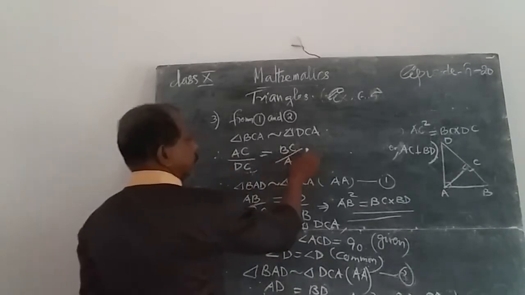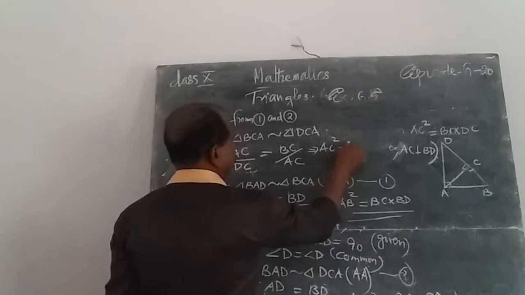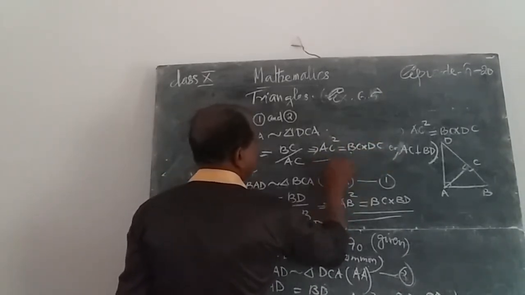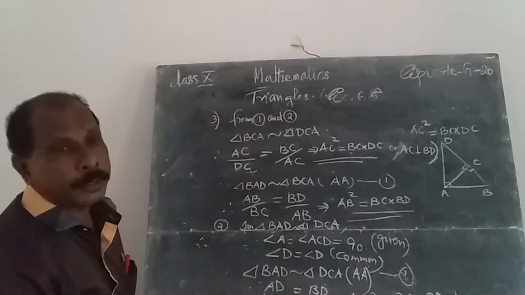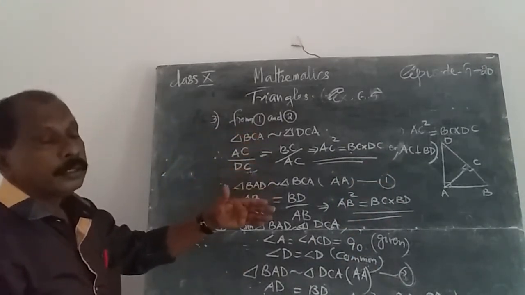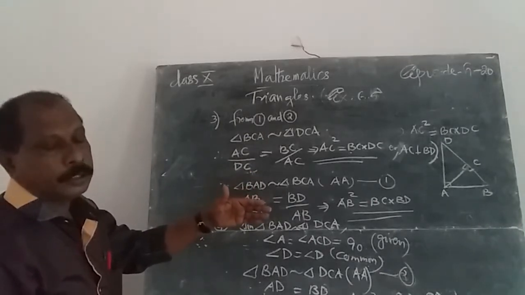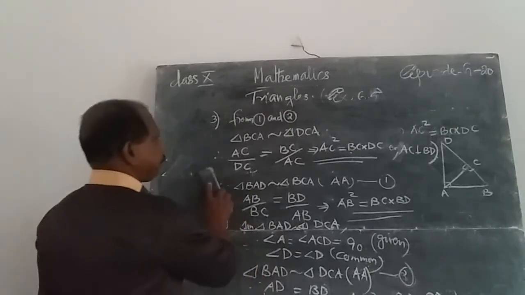Cross multiplication, we get AC square is equal to BC into DC. That is the result, and it is not by the Pythagorean relation. This result comes from the ratio of proportional sides, that is, the triangles are similar.